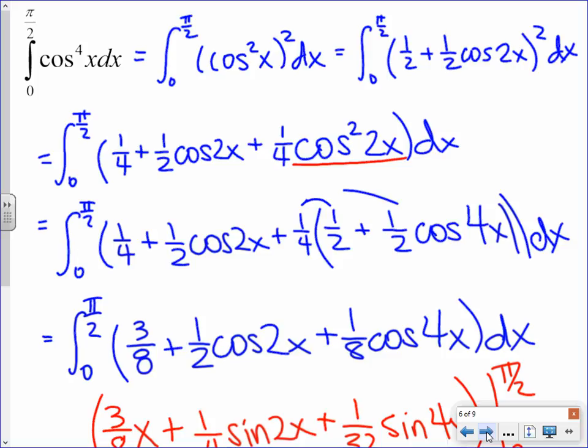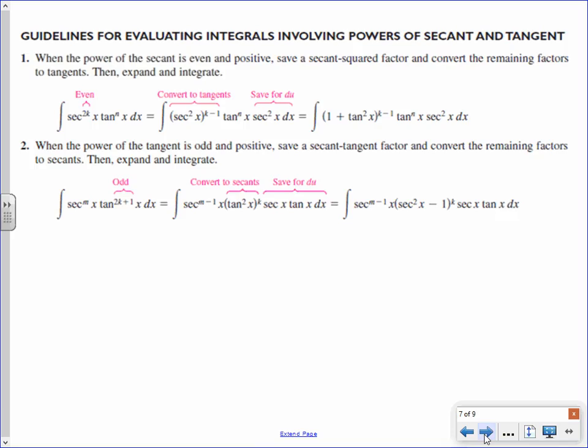Okay. So another type of problem you're going to see is when we have a secant and tangent, 2 powers together. Now secant and tangent have antiderivatives. They aren't each other exactly, but they're related, right? The derivative of tangent is secant squared. The derivative of secant is secant tangent.